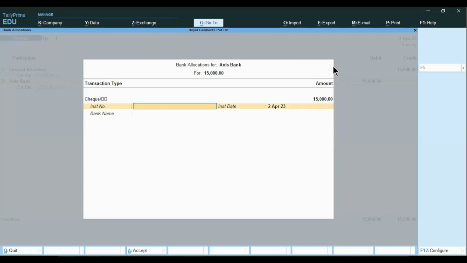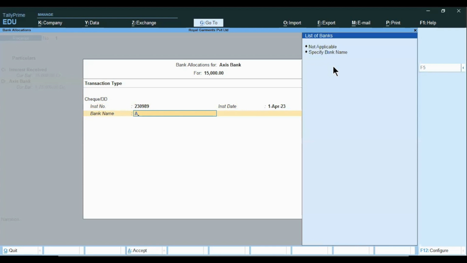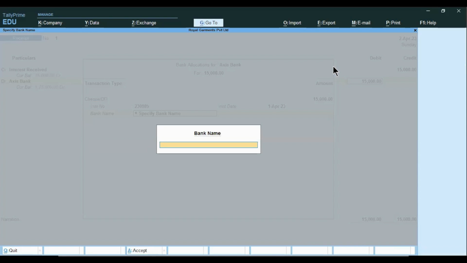So instrument number means cheque number. Suppose it is a 6-digit cheque number, and the cheque date. Suppose the cheque was dated 1st of April and we deposited into the bank the next day. So the instrument date was 1st of April. Bank name: we have received interest of 15,000 in Axis Bank, and the cheque was of State Bank, suppose SBI Bank.